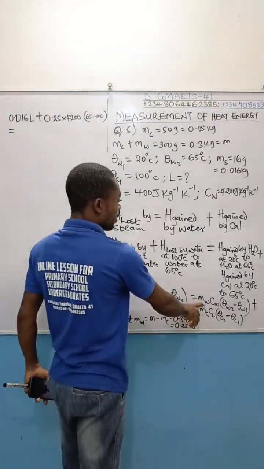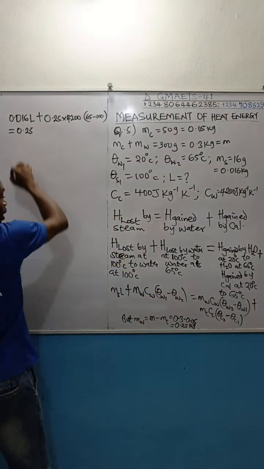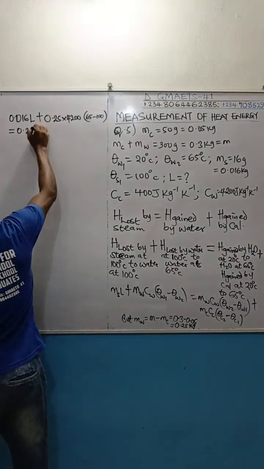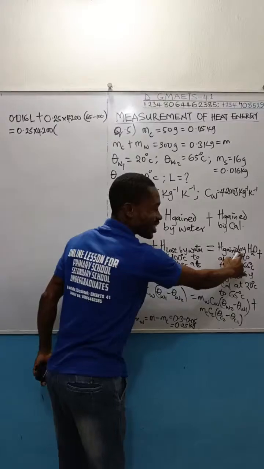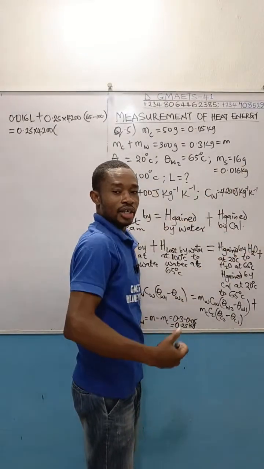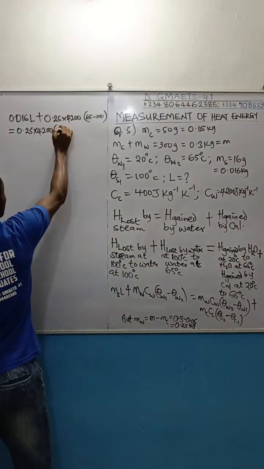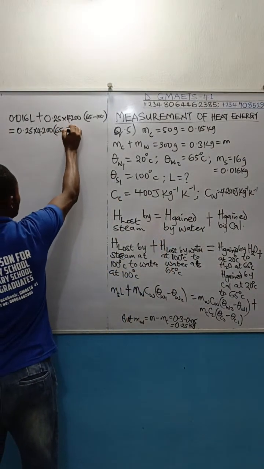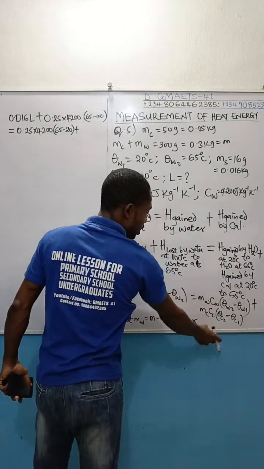That's going to be equal to, go to the other side of the equation and do the same thing: mass of water, which is 0.25, times specific heat capacity of water, 4,200, times the temperature change of water. In this case, the water gained heat in the calorimeter, so it's from 20 to 65. The temperature change will be final temperature 65 minus initial temperature 20, plus the part of the calorimeter.